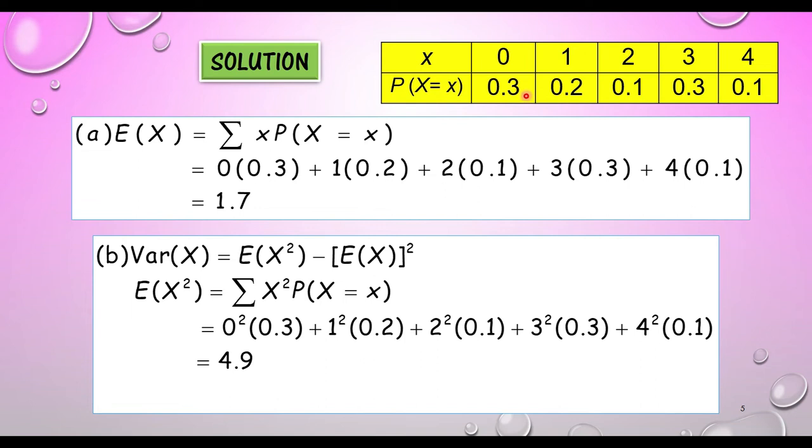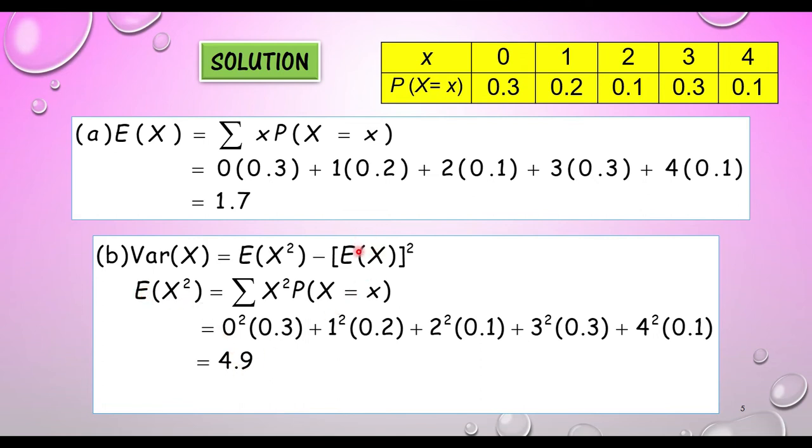So 0 squared times 0.3 plus 1 squared times 0.2 plus 2 squared times 0.1 plus 3 squared times 0.3 plus 4 squared times 0.1. So the answer is 4.9. This is the value for the expected value of X squared.